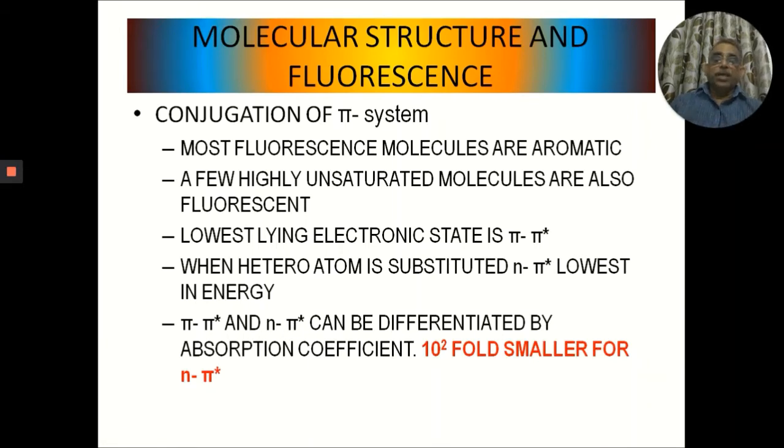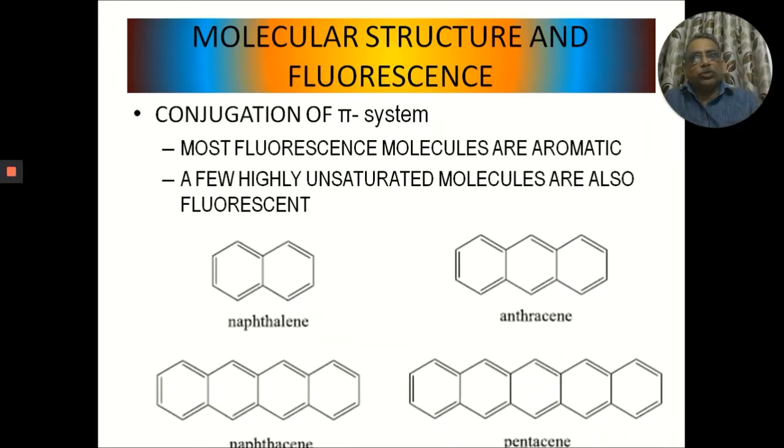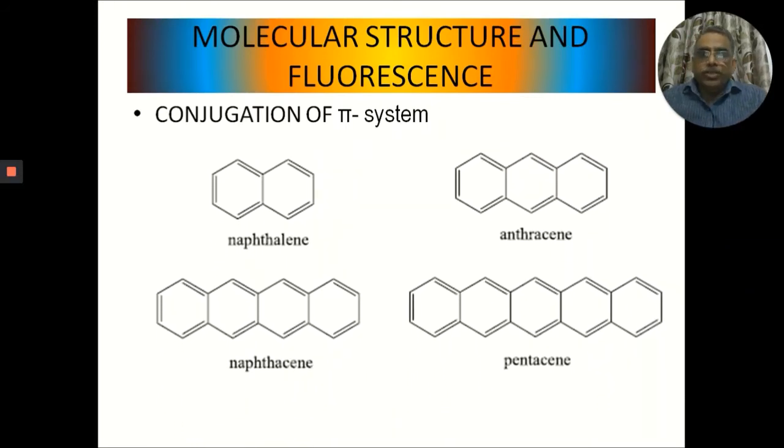And if you are introducing a conjugation, what really happens to this absorption? You can see that the increase in the conjugation increases the wavelength maximum. Otherwise, it shifts the maximum towards lower energy. You can take the case of naphthalene, anthracene, naphthacene, and pentacene. If you see the fluorescence from these molecules, naphthalene is emitting in the UV region.